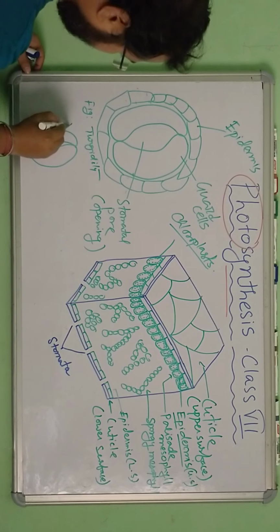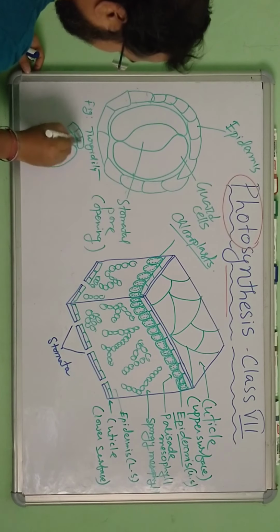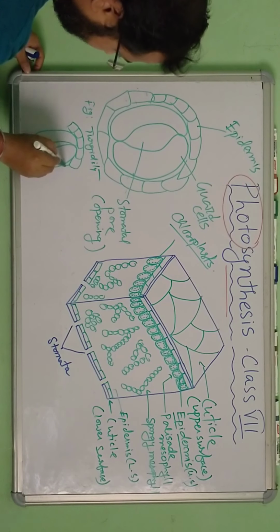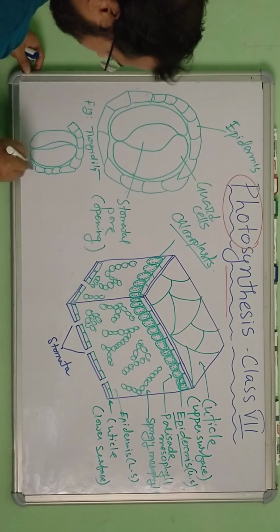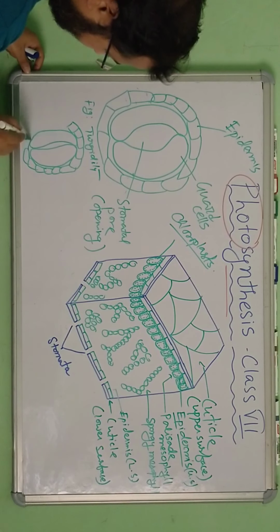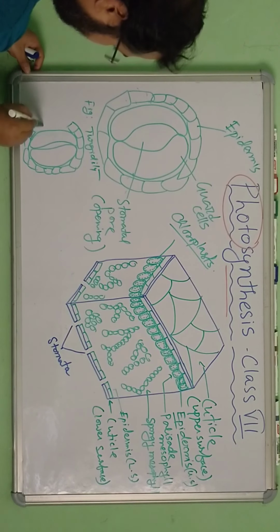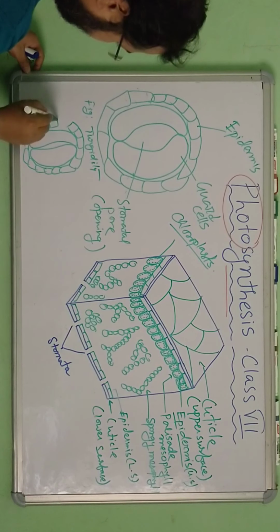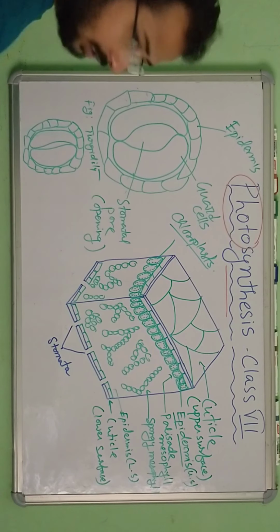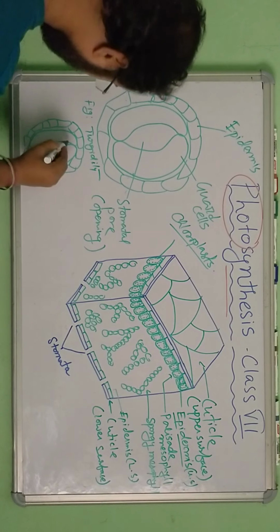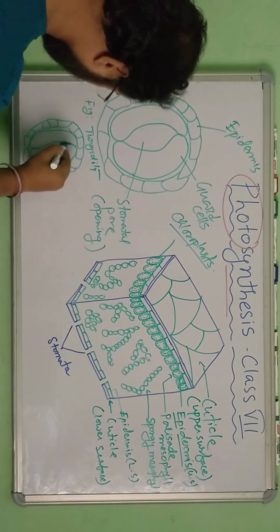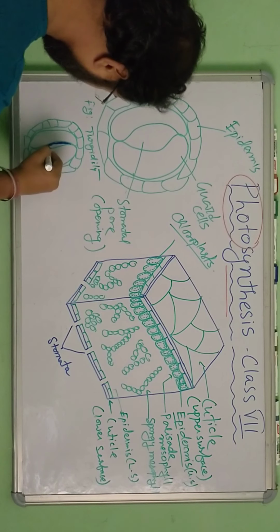Same epidermis layer on the outer part of the stomata, the guard cells. Understood? Now see this area. The gap is very small here, which is closed also.